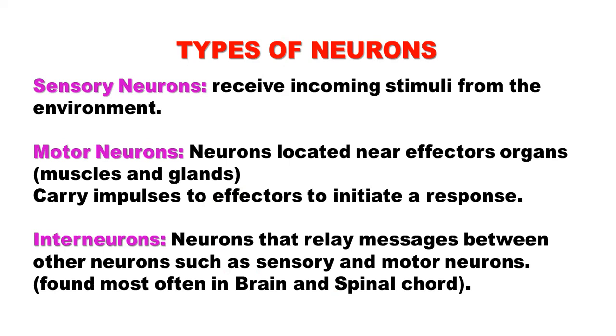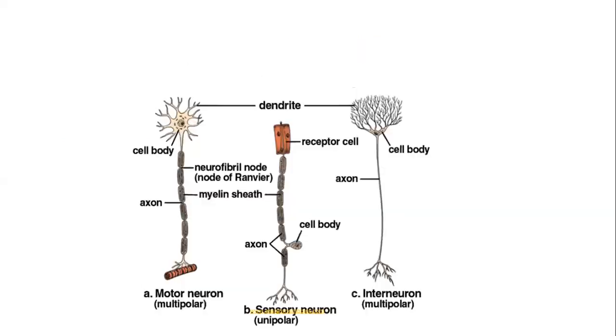The interneurons are neurons that relay messages between the other neurons such as sensory and motor neurons. They are found most often in the brain and spinal cord. This is the types of neurons. Motor neuron, these are sensory neuron, and these are interneurons.